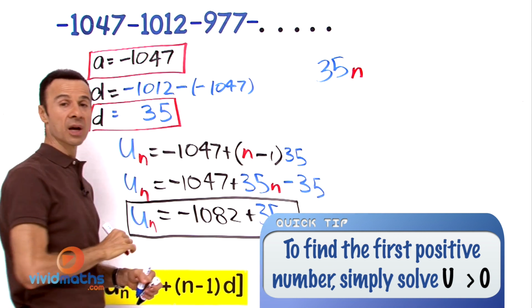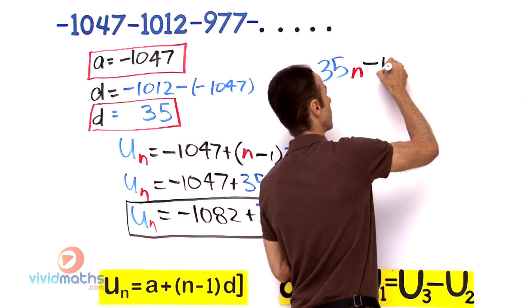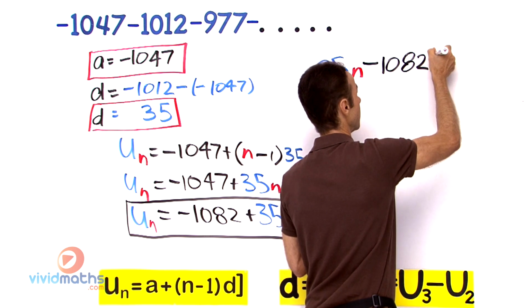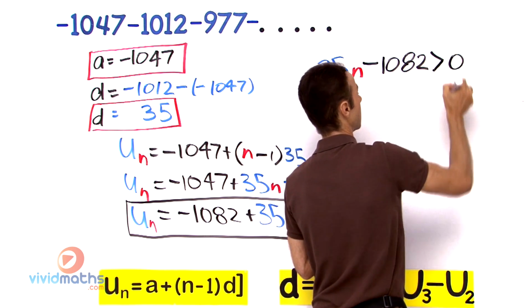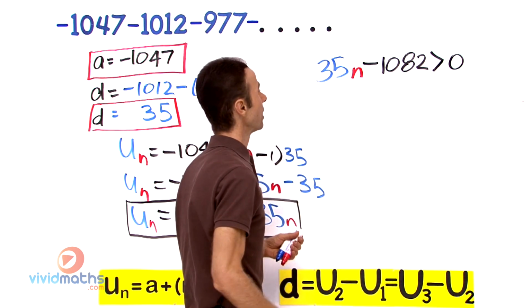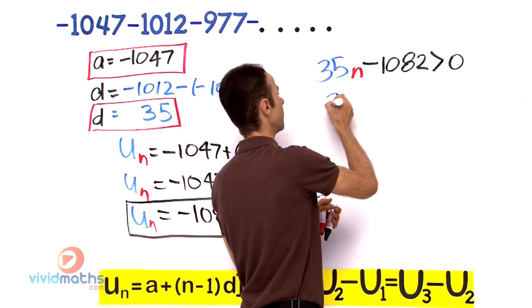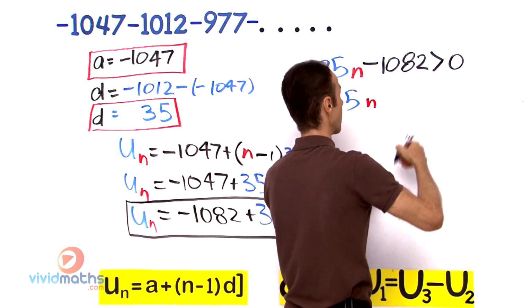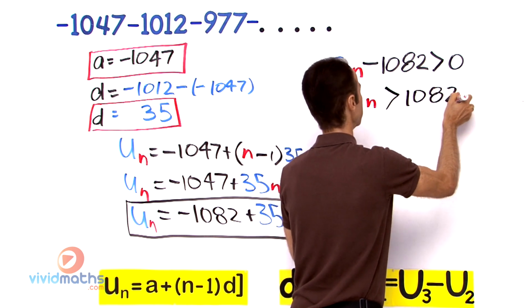take away 1082, is greater than 0. That's what we're after. Let's take the 1082 to the other side. So we're left with 35n greater than 1082.